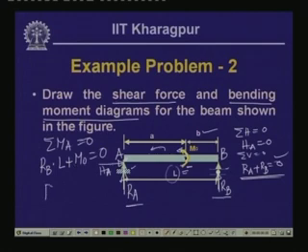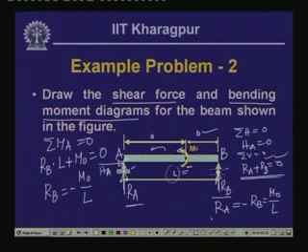So, the value of the reactive force Rb is equal to minus M0 by L. Since Ra plus Rb equals 0, Ra is equal to minus Rb, which is plus M0 by L. So, Ra we have got as M0 by L, and Rb as negative, in this particular direction, which is minus M0 by L.